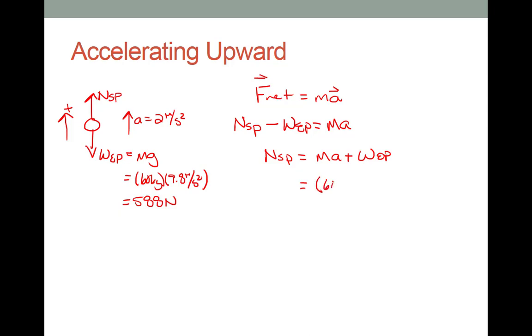Remember, ma is going to be 60 kilograms times 2 meters per second squared plus 588 newtons. 60 times 2, remember that's going to be 120 newtons plus 588 newtons. So 120 plus 588, survey says, is 708 newtons.